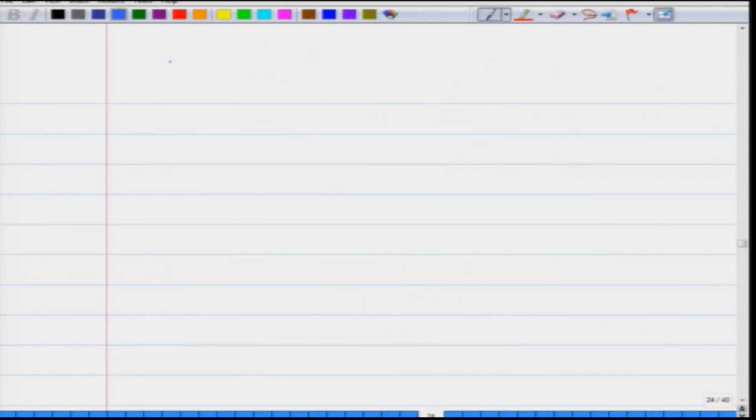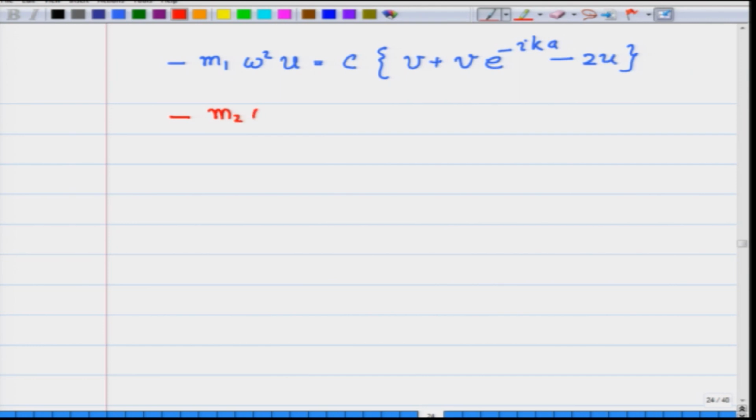So, I am getting minus m1 omega square u is equal to C, v plus v e raised to minus I k a minus 2 u, and minus m2 omega square v is equal to C, u e raised to I k a plus u minus 2 v.